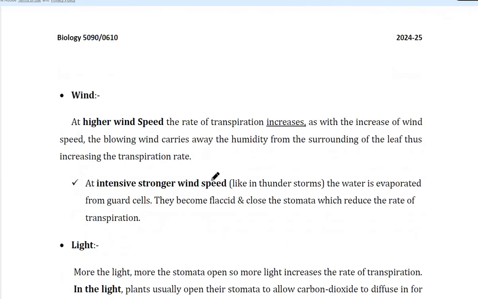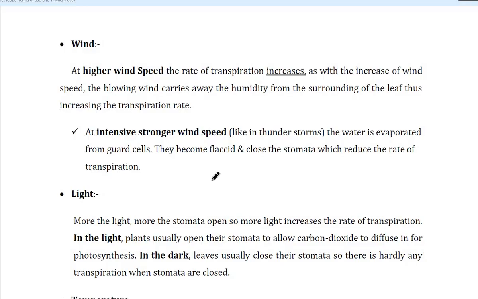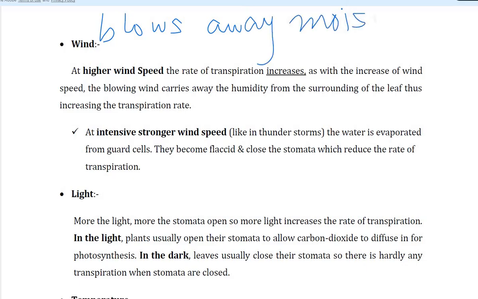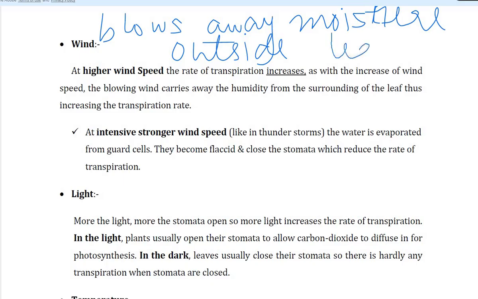Okay, when wind is high, it blows away the moisture around outside the leaf.